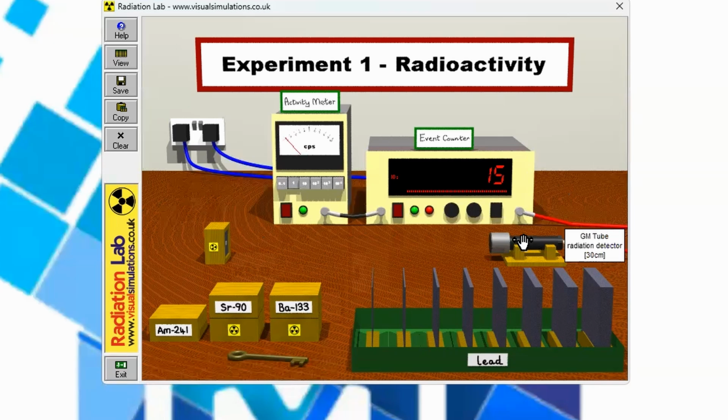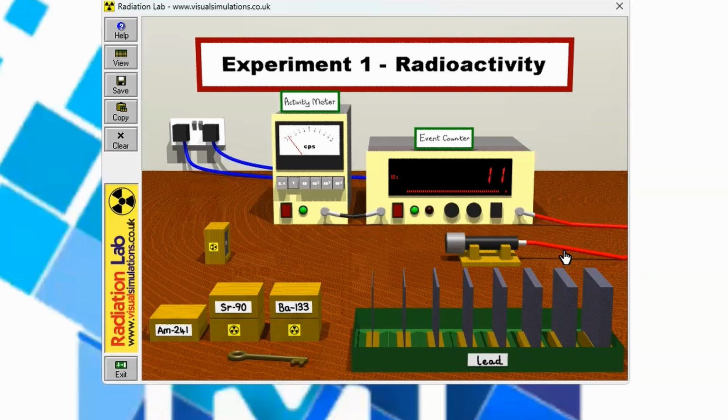If you were setting up an experiment, you might want a ruler to measure the distance to the source, and then you might move it in 5 centimeter intervals and see what the activity is like.